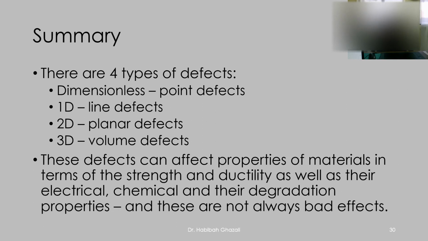This can be either a shrinkage that happened during solidification or a porosity. These defects can affect the properties of the material in terms of strength and ductility, as well as other properties such as electrical properties, chemical properties, and degradation properties. And these are not always bad effects.